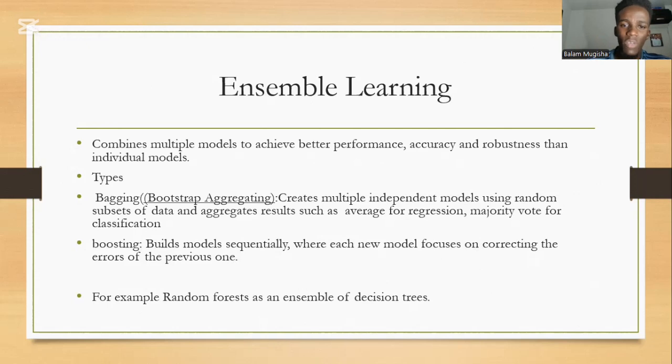The way bagging works, it creates multiple independent models by using random subsets of data and aggregates results, such as average for regression, majority vote for classification. So it can work under the two tasks, regression and classification. And boosting works in a way that it builds models sequentially, whereby each new model focuses on correcting the errors of the previous one.